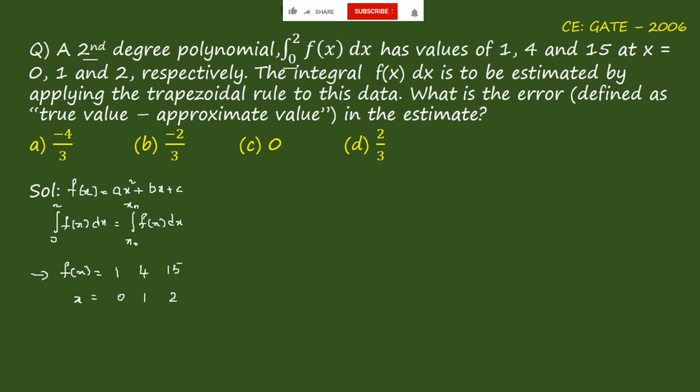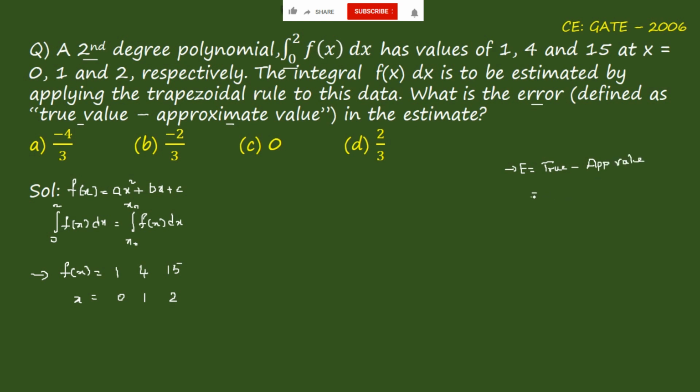Now they are asking us to find the error. Error is true value minus approximate value.